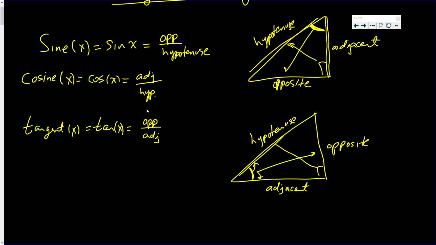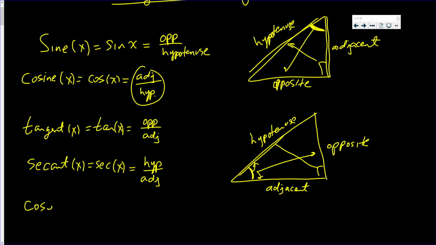The next one that I will define is the secant of x, which is abbreviated sec of x. And it is the reciprocal of cosine. That is, I took cosine and I flipped it over.